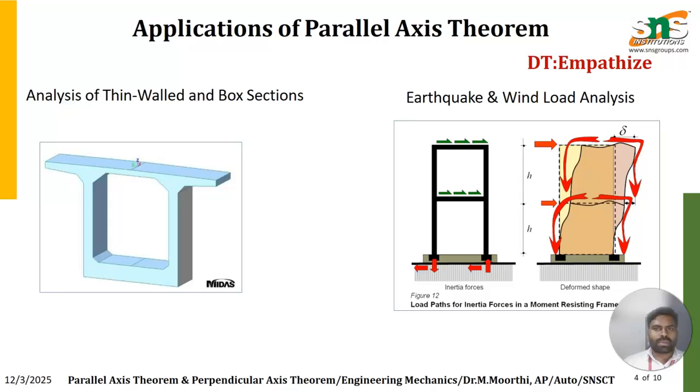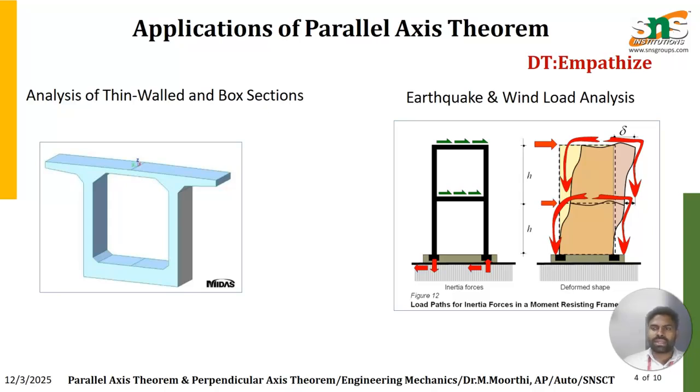Some other applications are the analysis of thin-walled and box sections, where the moment of inertia is needed, and earthquake and wind load analysis, where we look at the load path for inertia forces in the resisting frame, so that we can find the inertia force acting on the object during an earthquake.